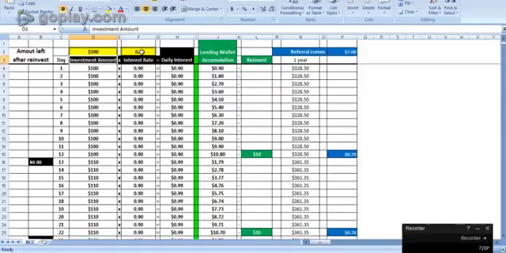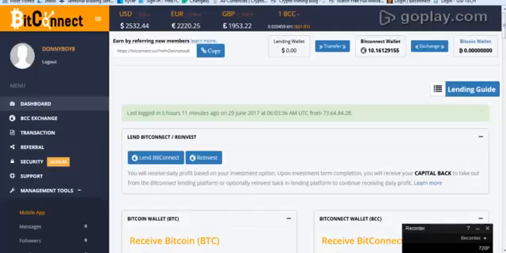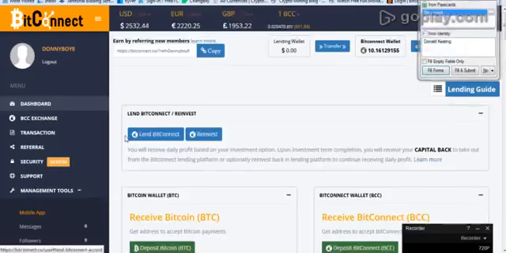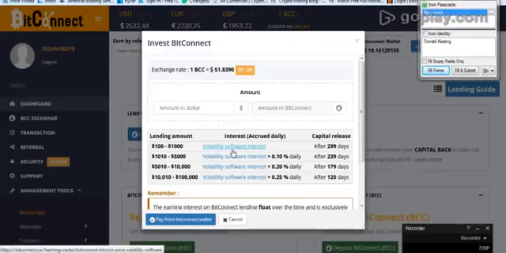And then this block is your average daily interest rate. I used 0.9 because that is what Bitconnect has been averaging paying out over the last 30 days. I just want to double check that again.